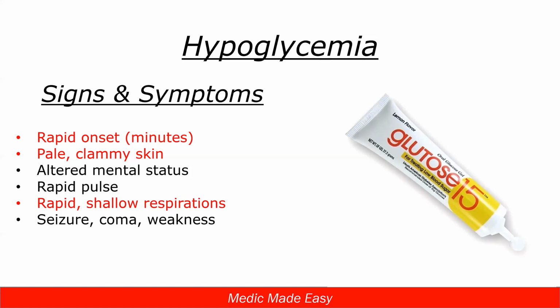I've heard one phrase that somebody was using that says, cool and clammy, give them candy. They need sugar when they have low blood sugar, they have that cool, clammy, diaphoretic, sweaty skin. So cool and clammy, give them candy. They need to raise that blood sugar level. That can be a helpful one because it's different in hyperglycemia when that sugar is too high.